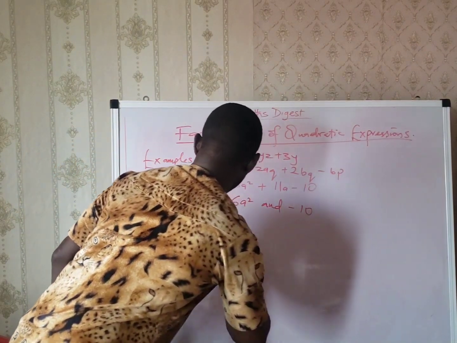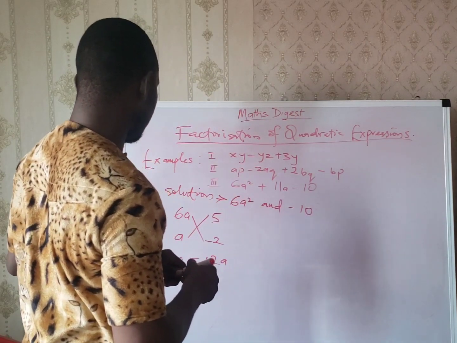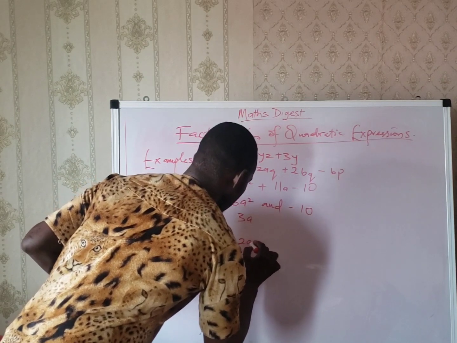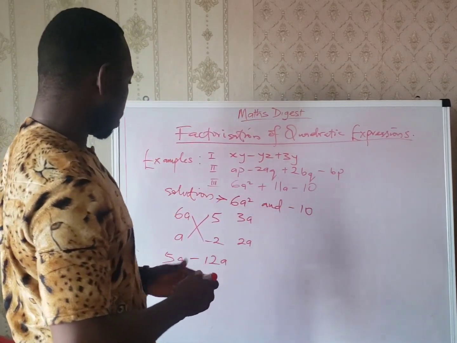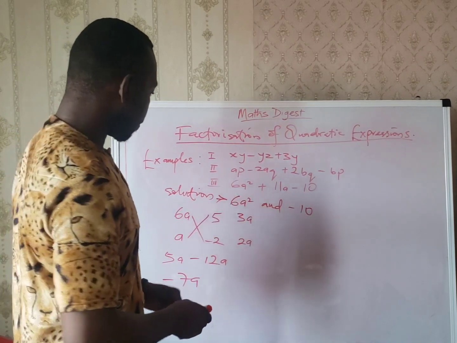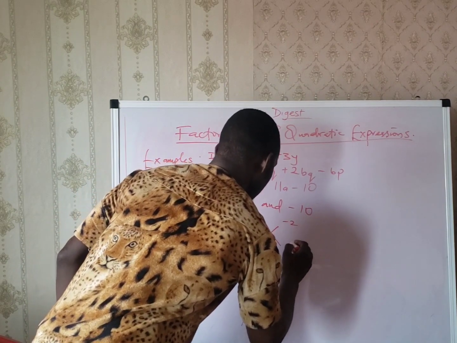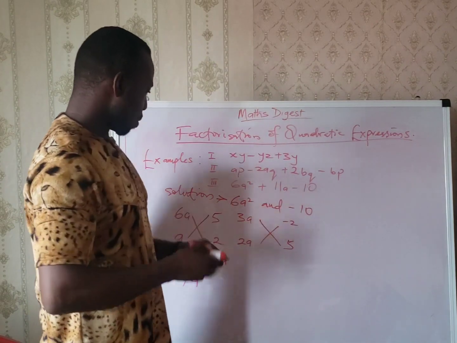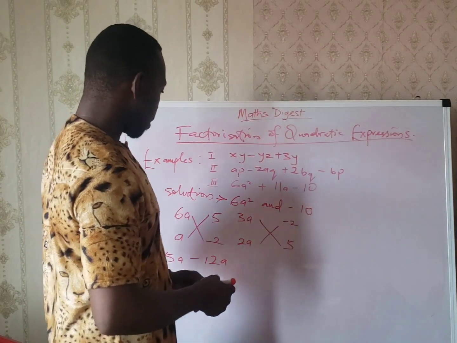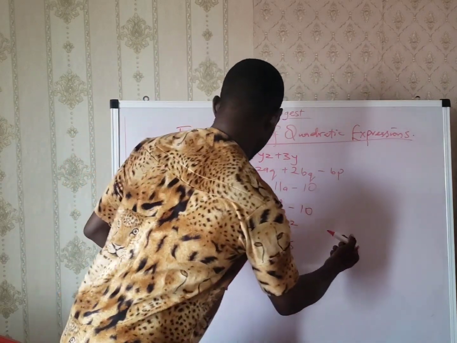Now let's take another one. We can take 3a, 2a. When you multiply this together, you have this. Now for this we can say when you multiply this together, you have this minus 10. Now let's try this. You have other ones like maybe.